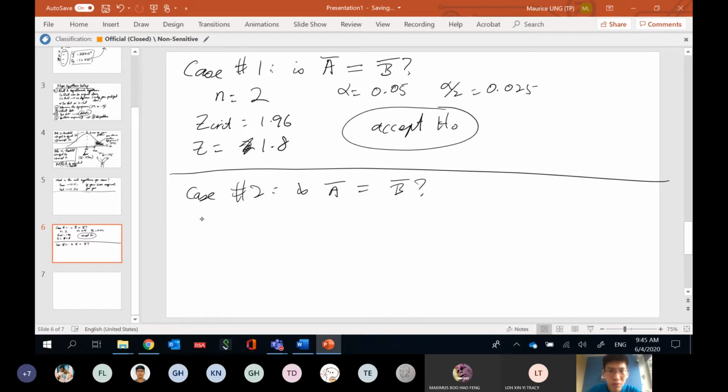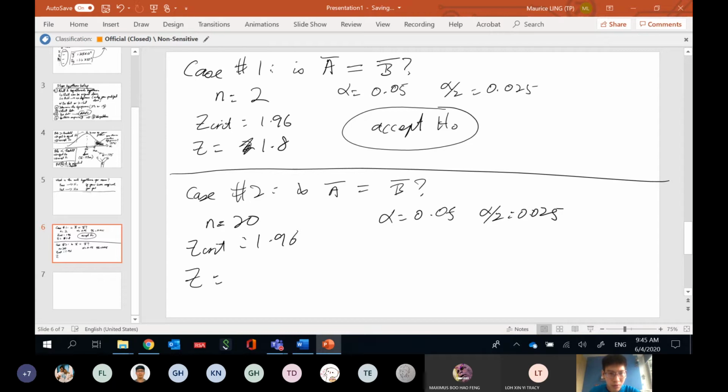In case 2, another of you is very energetic. You get 20 samples. So alpha equals 0.05, alpha divided by 2 equals 0.025. Okay. You find that your Z critical value is also the same, 1.96. Okay, because it's based on the alpha value.